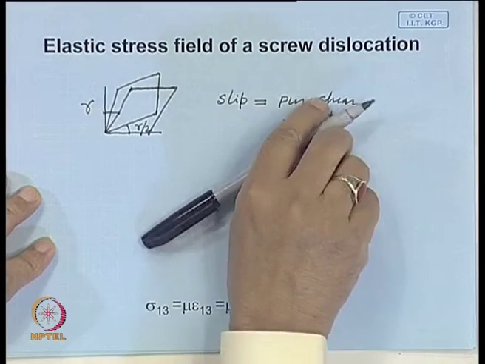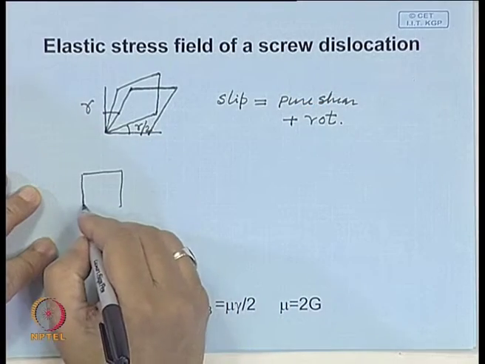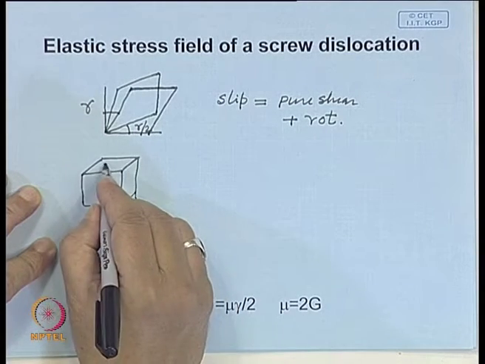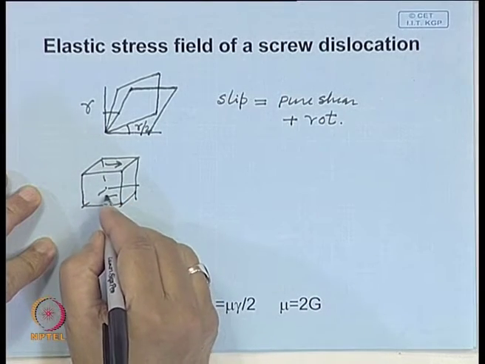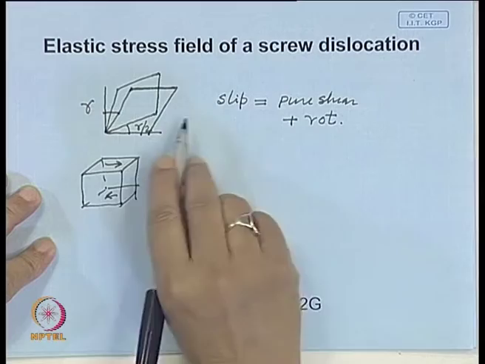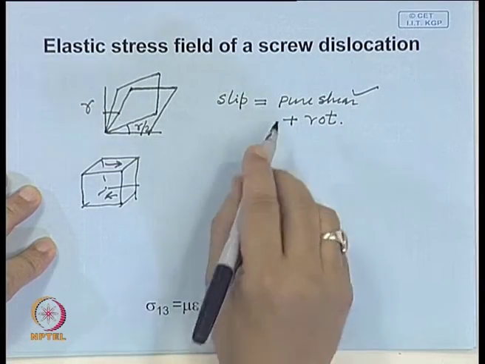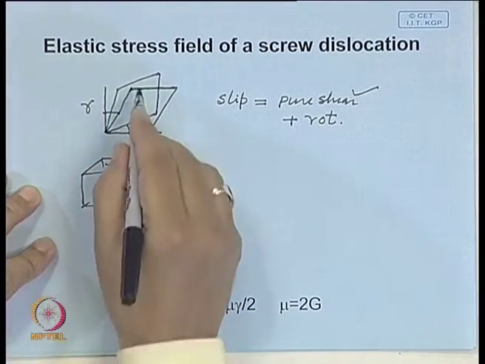So, whatever stress you are applying on the crystal, say here you are applying a shear stress, part of this shear stress is used in changing the shape of the crystal.